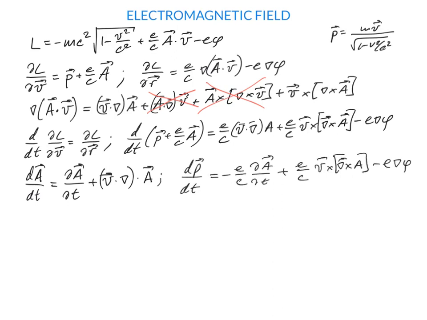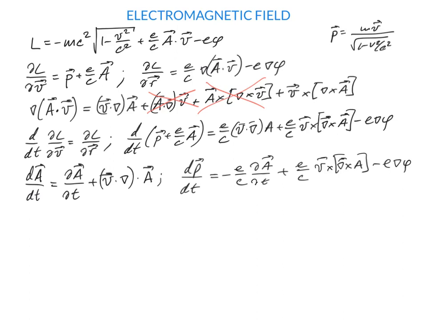So there are two terms here. There's one term that is proportional to the charge, and some function that includes the derivatives of the scalar and vector potential, and another part that contains a cross product with the velocity.